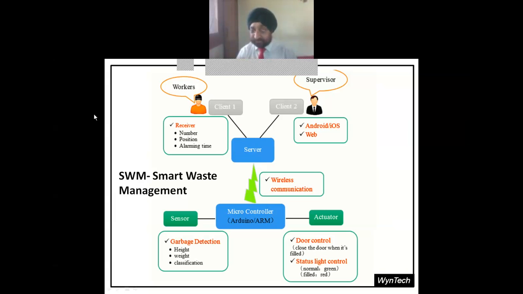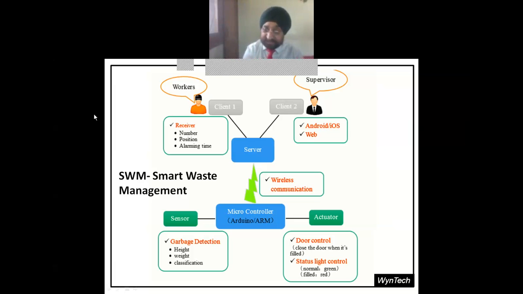You understand the point? It is not always that we require the bin full information. So these are the sensors which give not only the height, not only the weight of the garbage, but there are many other parameters which we require to take decision.